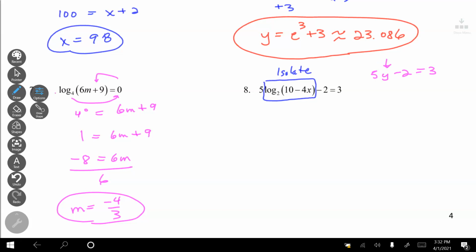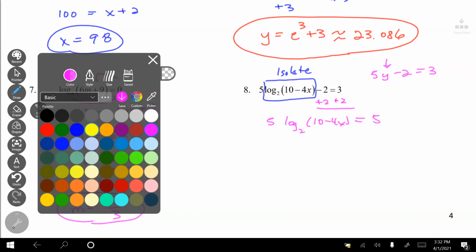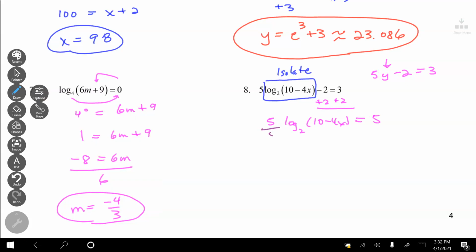Well, when I solve for y, I would add 2. 5 log base 2 of 10 minus 4x is equal to 5. I would divide by 5. I have log base 2 of 10 minus 4x is equal to 1.